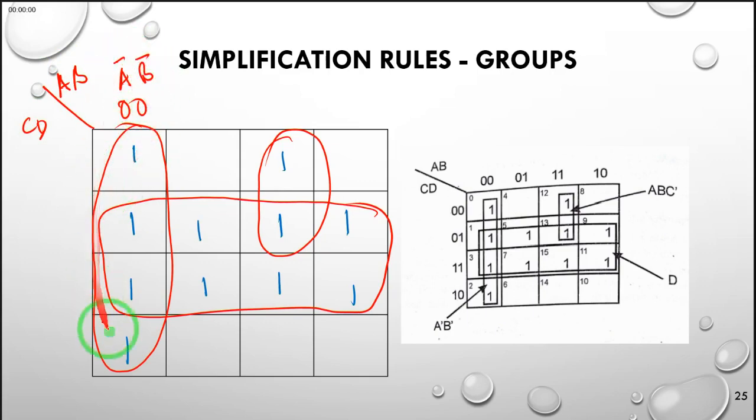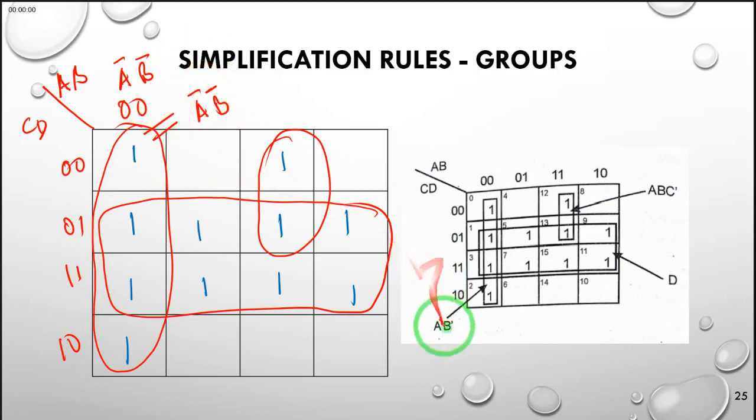So in this whole group of 4, A bar, B bar remains the same, whereas CD is changing from 0, 0, 0, 1, 1, 1, and 1, 0. Therefore, we say that this group can be represented by A bar, B bar, what is not changing. And that is what you can see being represented there.